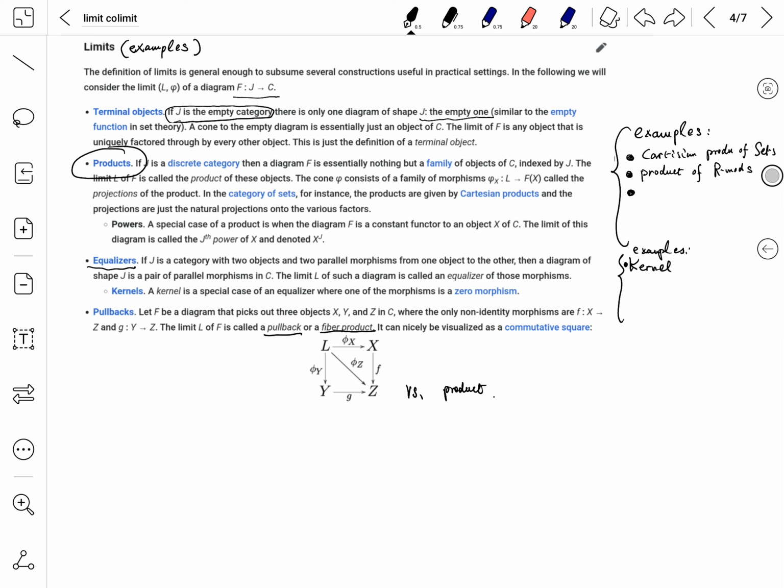So this example is telling that if J is the empty category, then just recall the definition of your limits. It means if you have an empty category, there are no morphisms at all. And so what is a diagram? And what is a cone? There is only one diagram, the empty one.